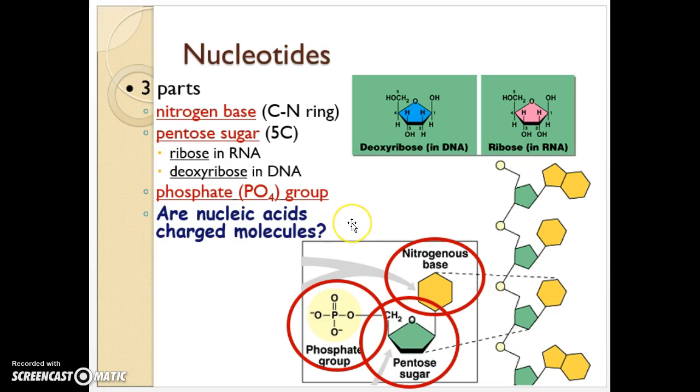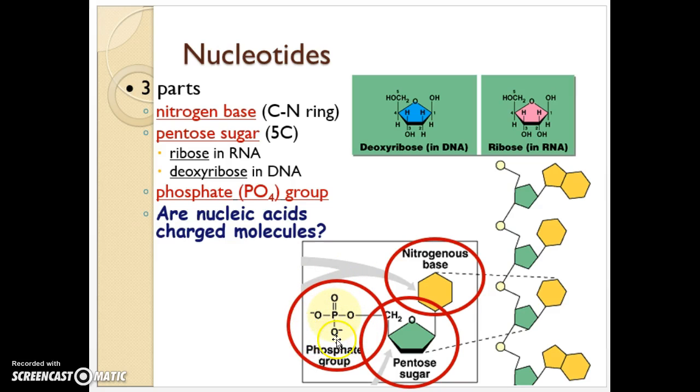And the question we have here, looking at this molecule of this monomer, this nucleotide, would you say a nucleic acid is a charged molecule? And hopefully you'll remember that yes, it is. Nucleic acids are negatively charged, and that has everything to do with the phosphate group.